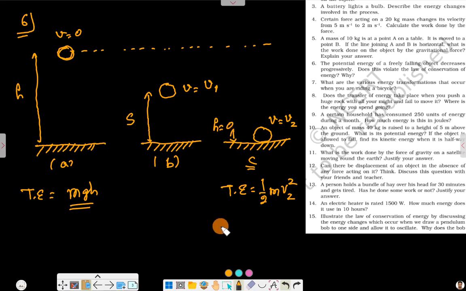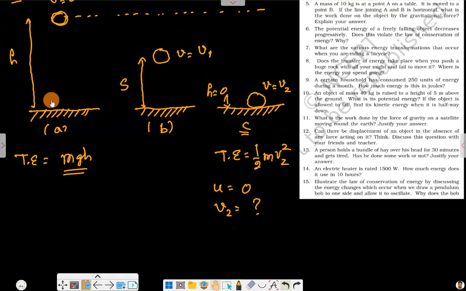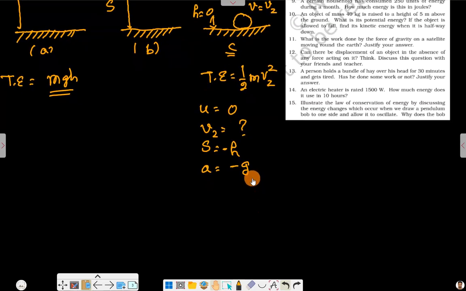We know that starting velocity is 0 and v2 is our final velocity that we have to calculate, and we know height is h, so displacement is h, and acceleration is minus g, and displacement is also negative as the object is coming downwards.